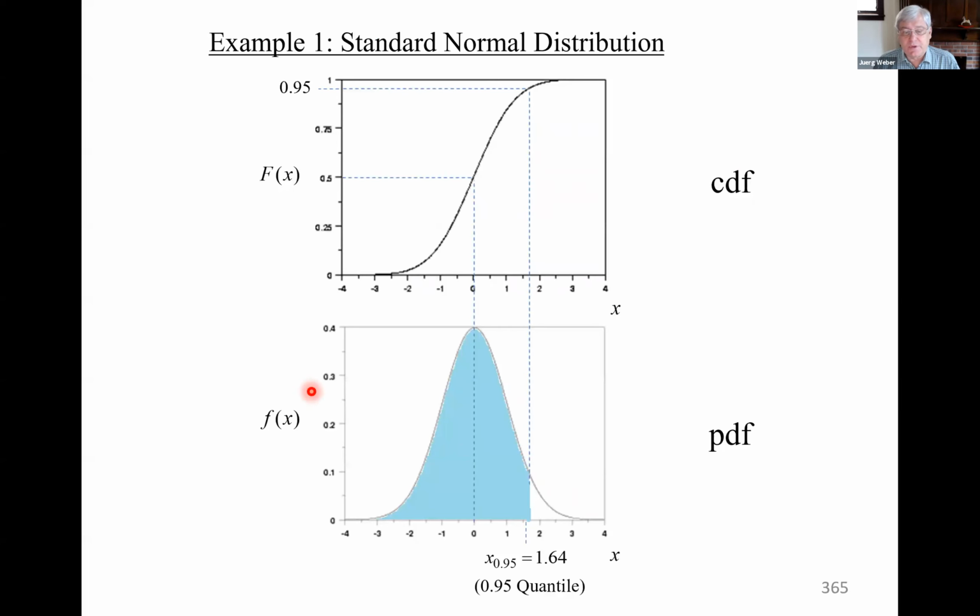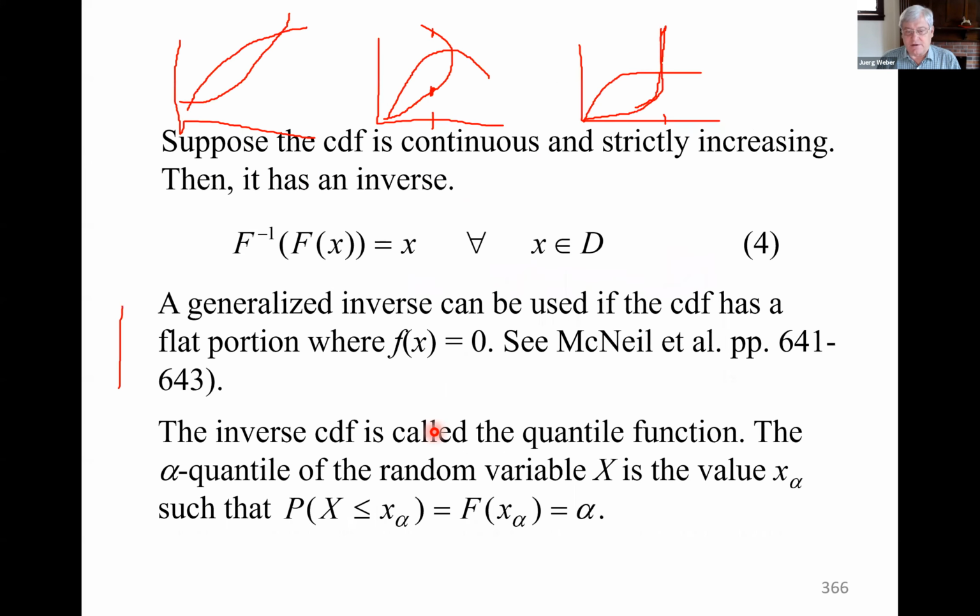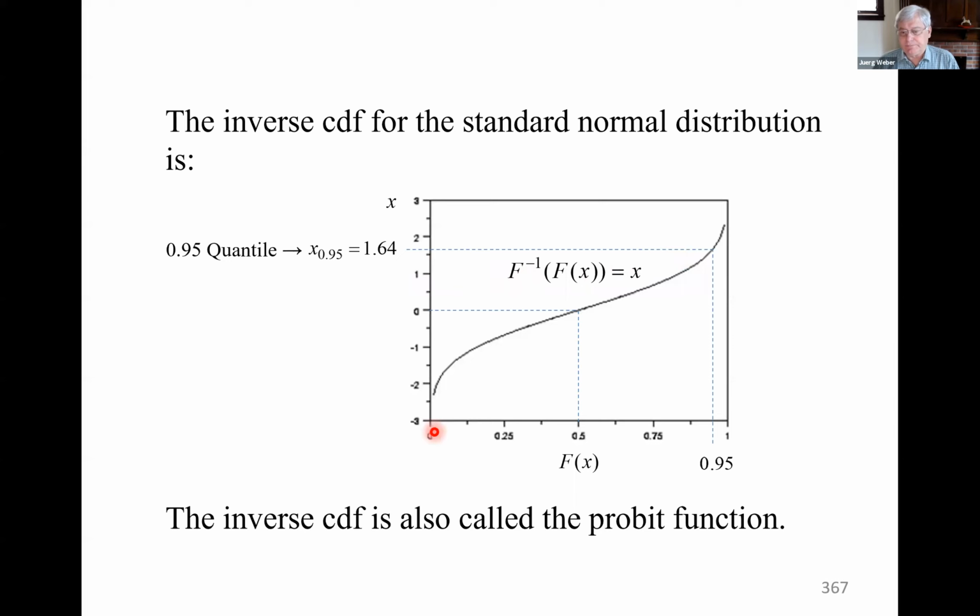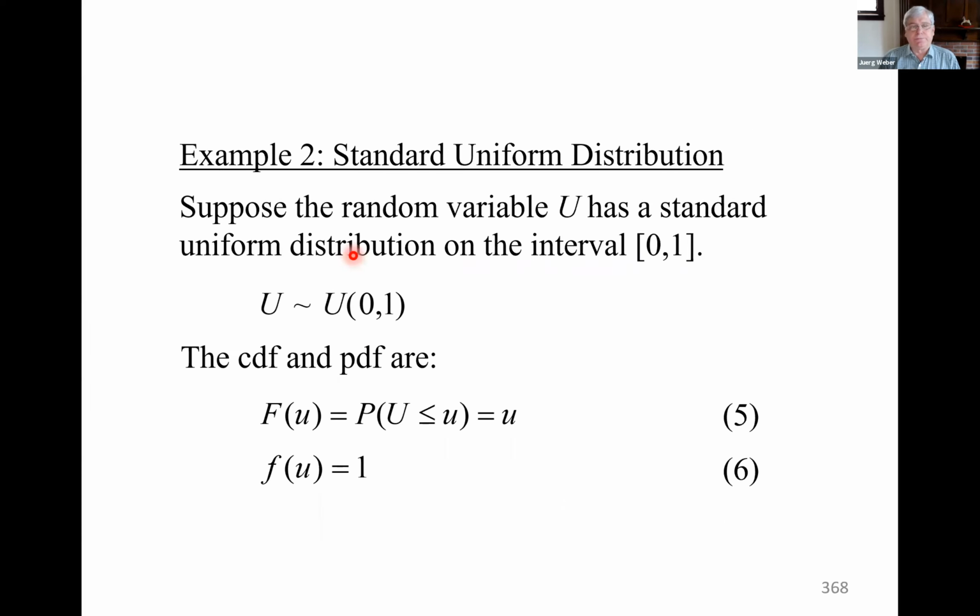So with the inverse, you start up here with the probabilities, perhaps 0.95, and then the corresponding x value is 1.64. That's naturally easy stuff from introductory statistics courses. So with the inverse, you start at the 0.95 and you go back to the 1.64. In econometrics classes, the inverse CDF is also sometimes called the probit function.